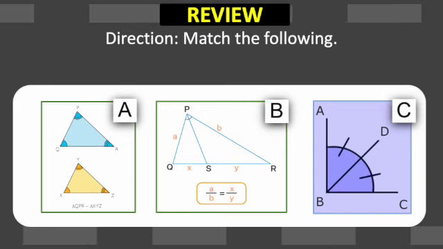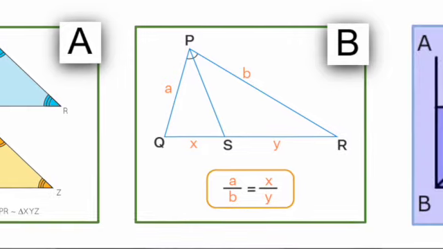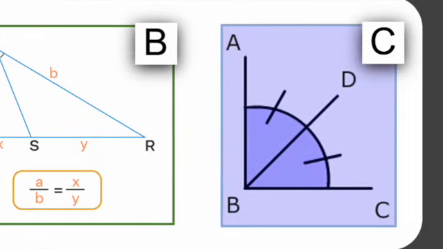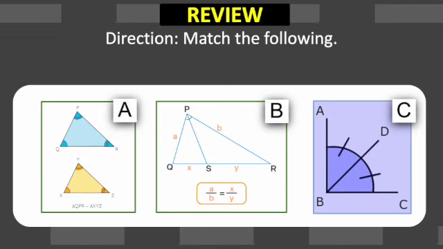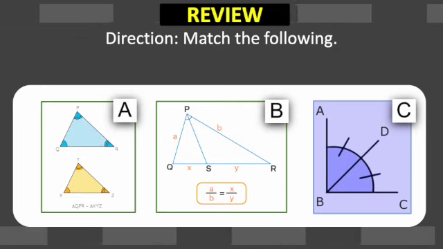Okay, so before we proceed to our main topic, let's have first some sort of review. Madali lamang po ito. Direction, match the following. I have here three figures, letter A, letter B, and letter C. I will flash a word, and then you will identify what this word means with a given figure.